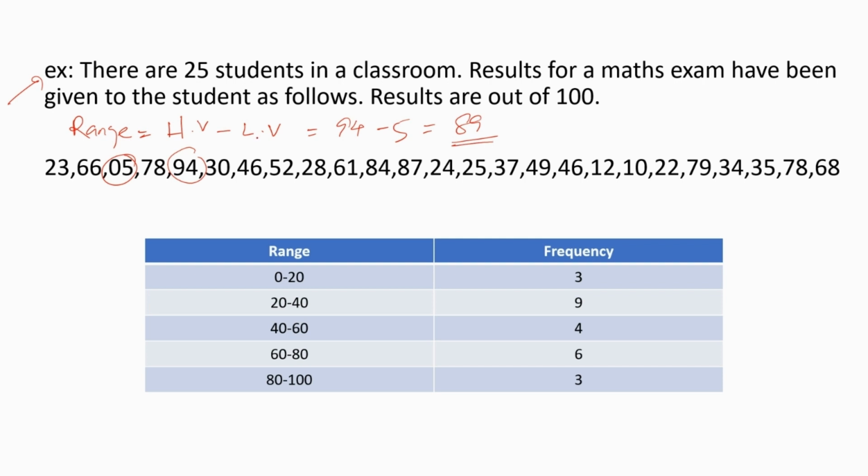This is really simple. This is for the ungrouped data. When it comes to grouped data, we can use this 0 as the lowest value and this 100 as the highest value. So the range equals highest value minus lowest value, which is 100 minus 0, which is equal to 100.